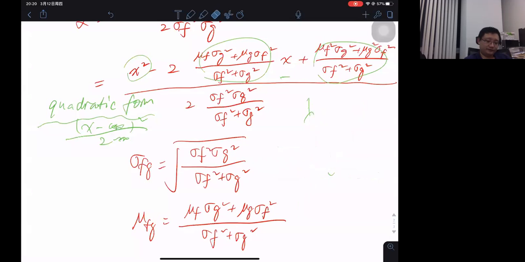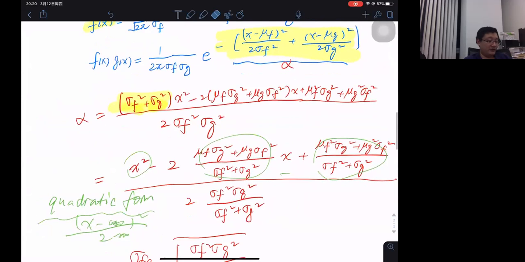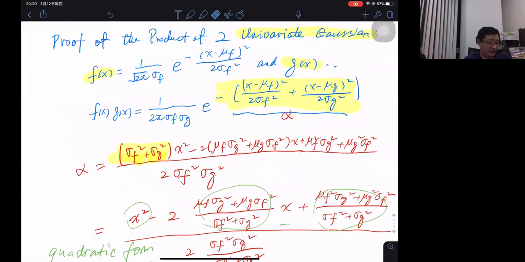So if that's the case, presumably we can directly take this form as the original Gaussian distribution form.